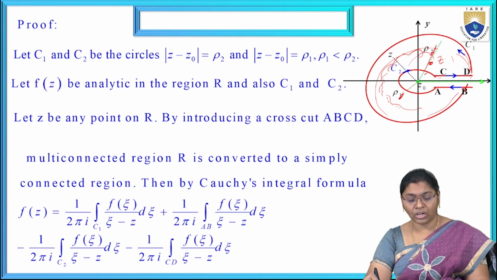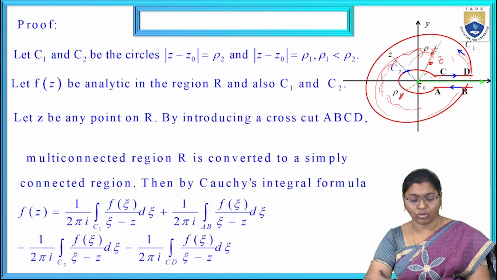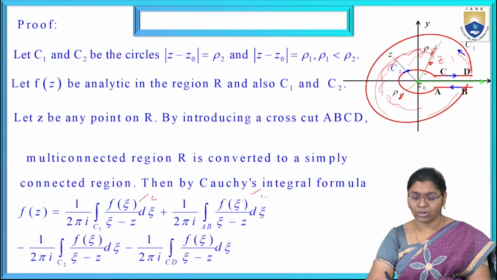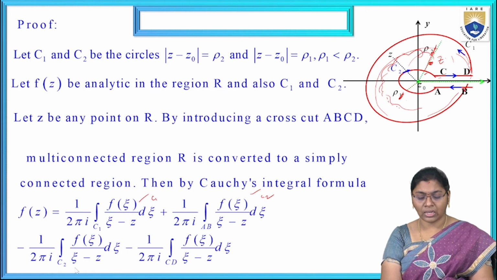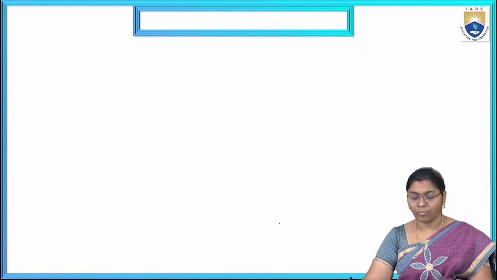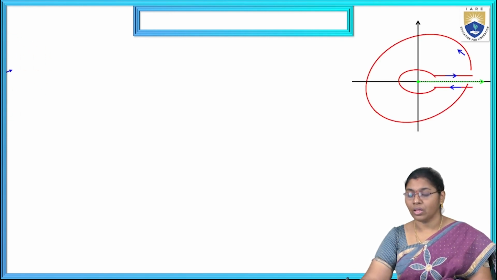Now the same condition I am applying in the C1 region. The first part is the C1 region and the second part is the C2 region. Applying to each of C2 and C1 individually, we get the complete ABCD region, that is C1 and C2 regions.